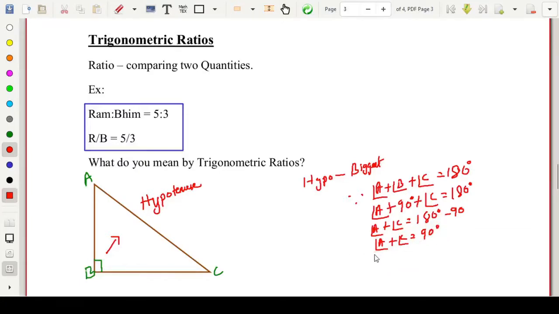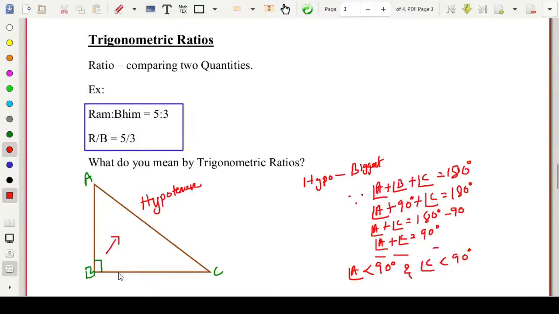See here, by adding these two angles we are getting 90 degrees, which means angle A is lesser than 90 and angle C also is lesser than 90.